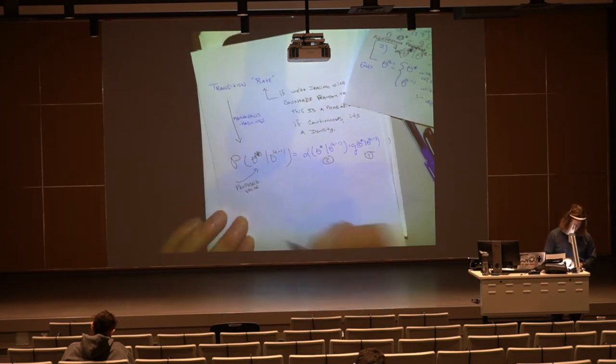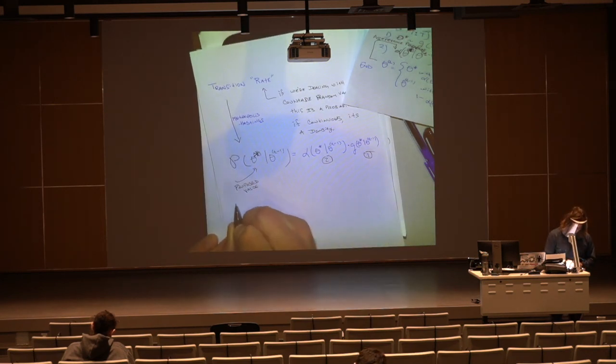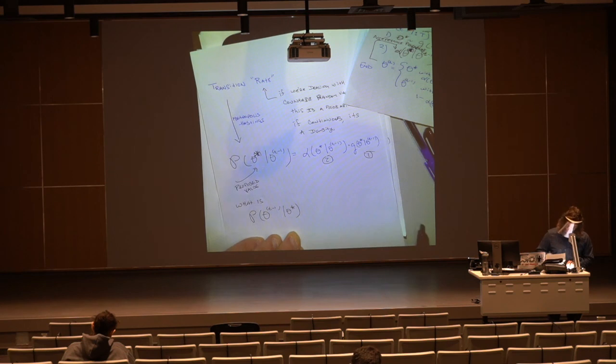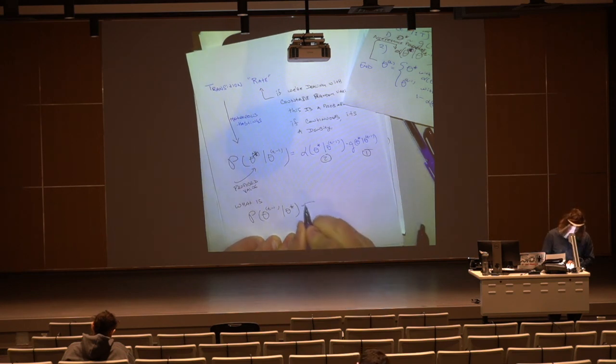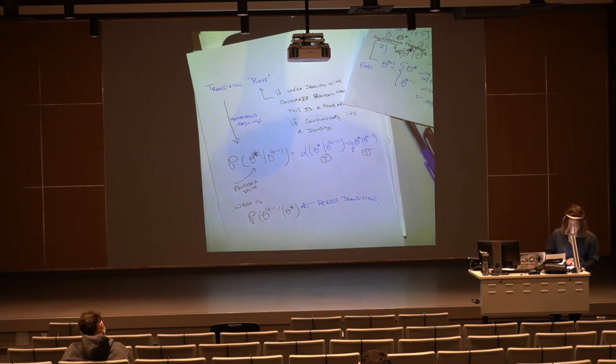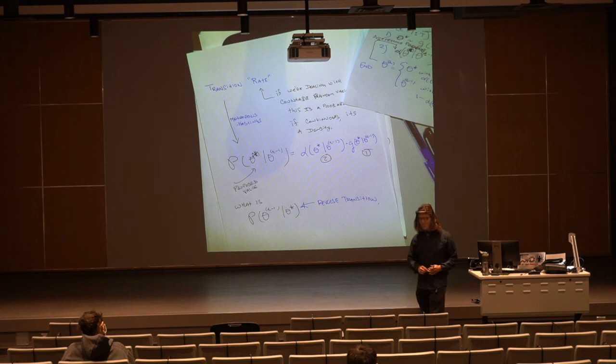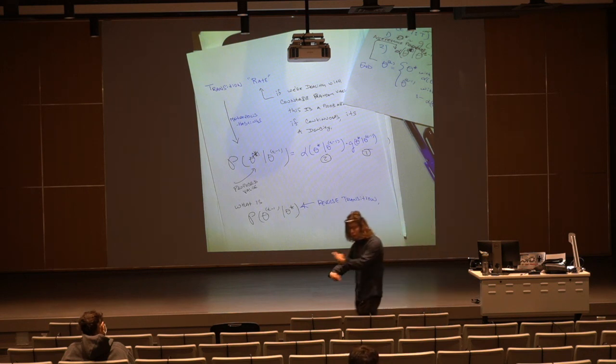I want to ask you to think about real quickly, what is rho of theta t minus 1 given theta star? And this is the reverse transition. Now, this is harder for us to think about, because we only run the algorithm in one direction.